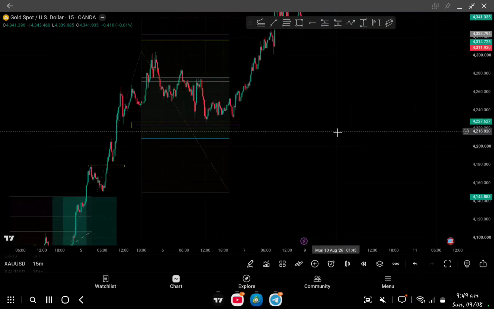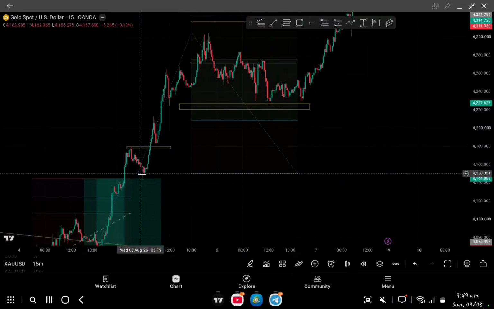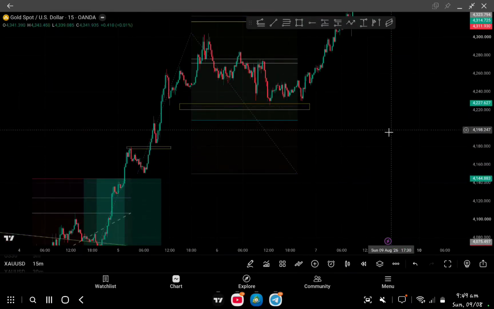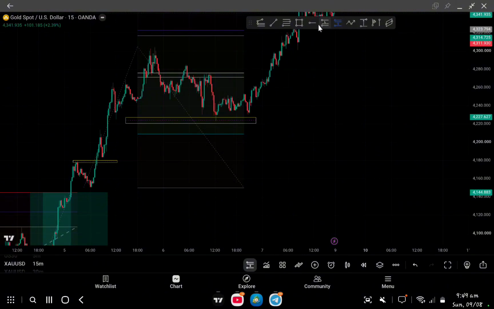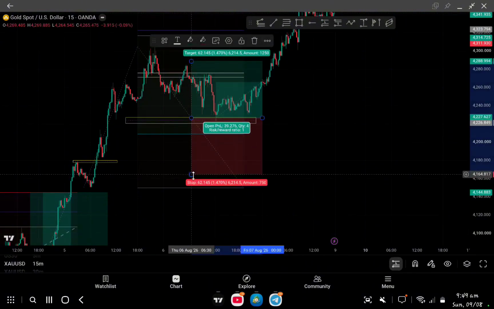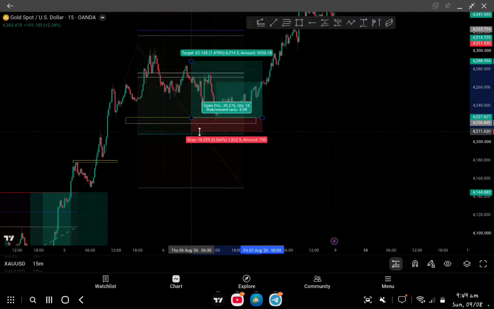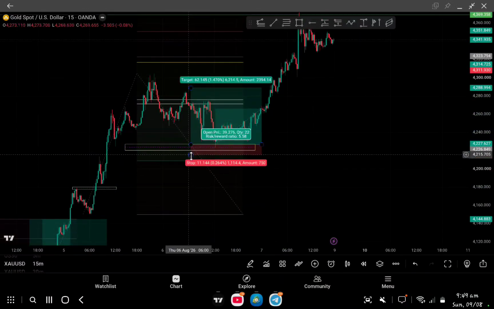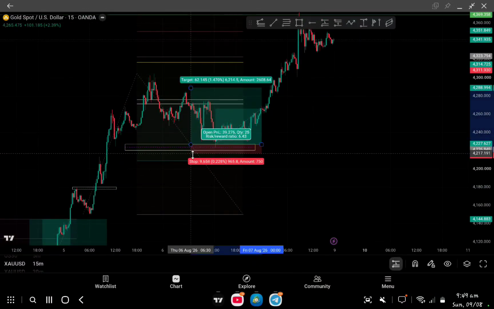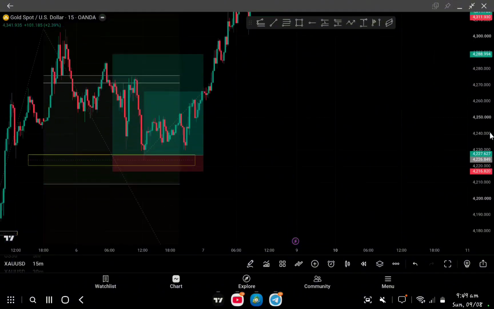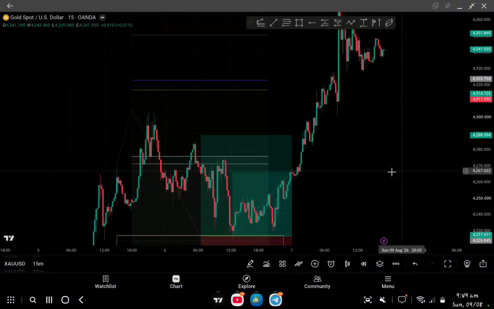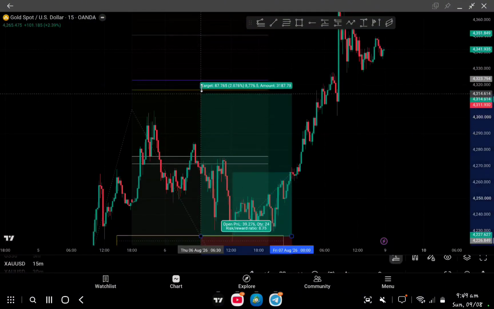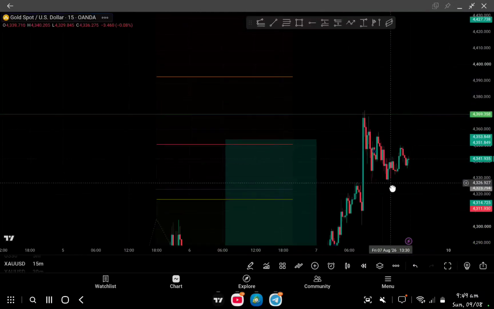So we'll stretch our Fibonacci, and from the first pullback we'll enter our zone on this zone, and we'll manage our risk up to 100 pips and go to this resistance zone.